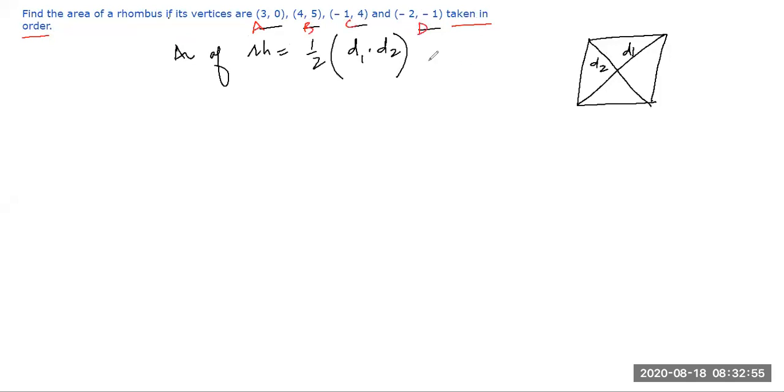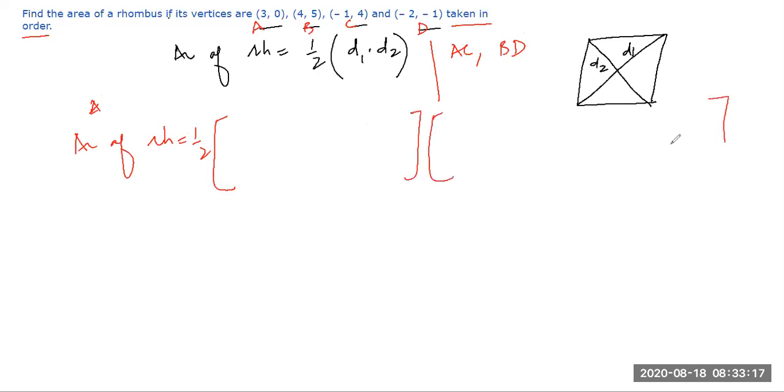So what will be the diagonals? The diagonals will be AC and BD. Am I right, students? Simply find the area of the rhombus, which will be half into the diagonals. First, you will find, using the distance formula, this diagonal AC. Can anyone tell what will be AC?